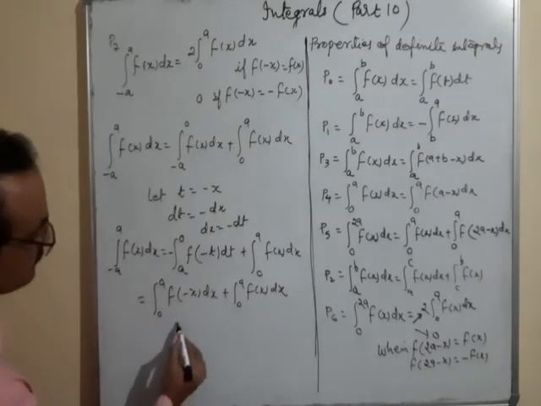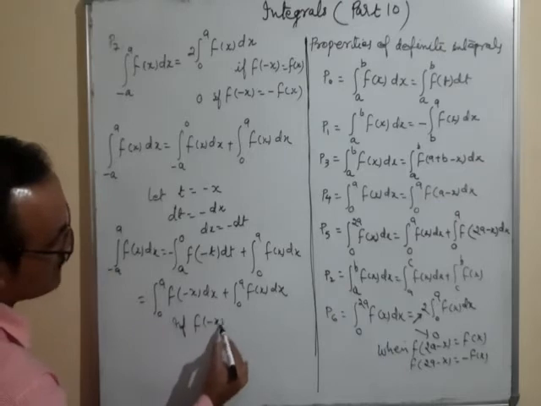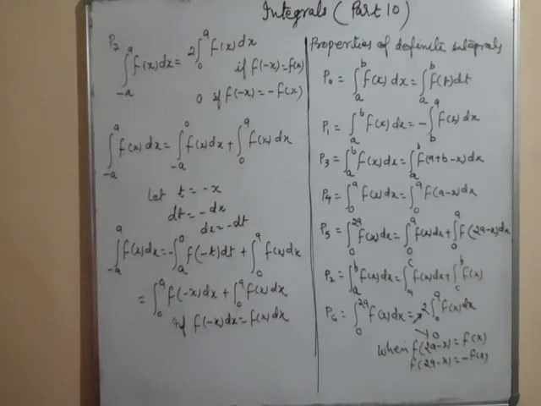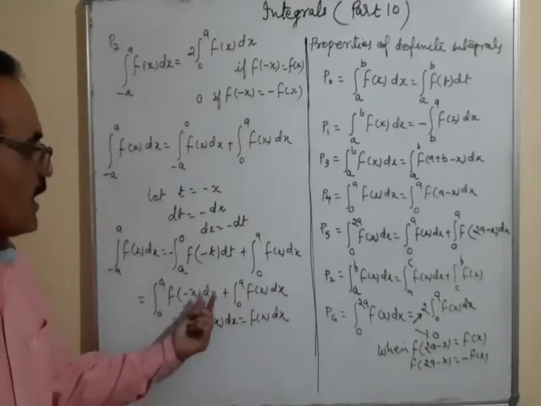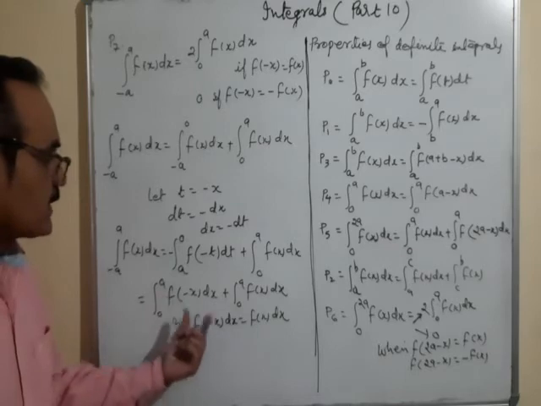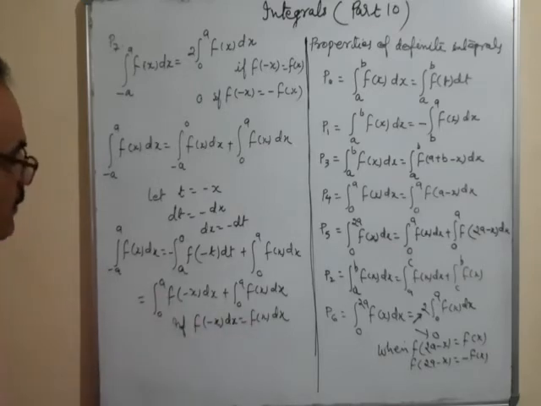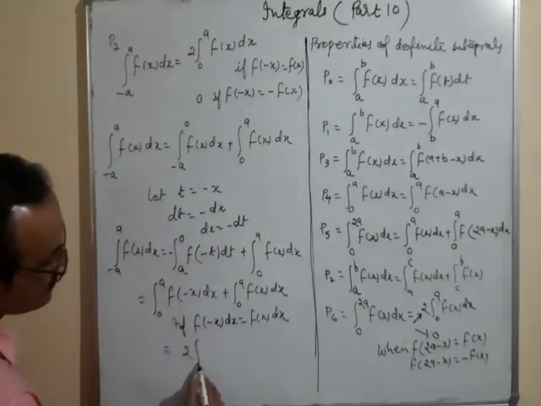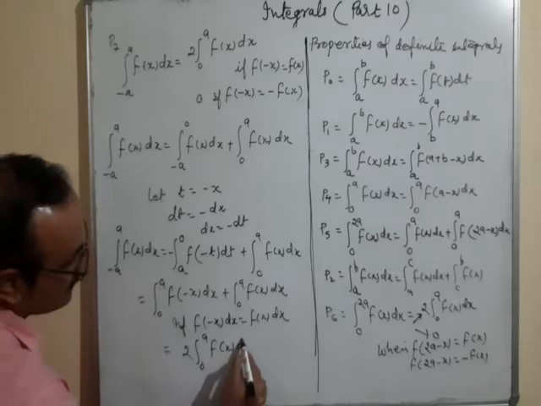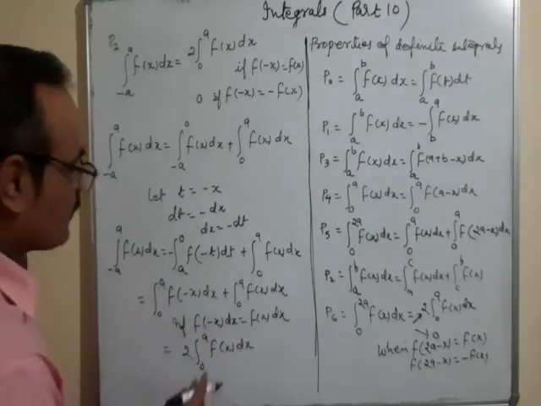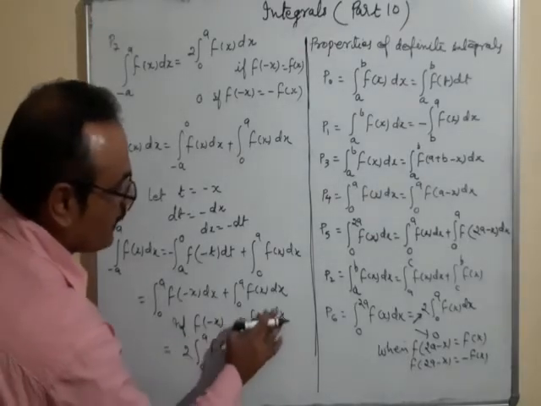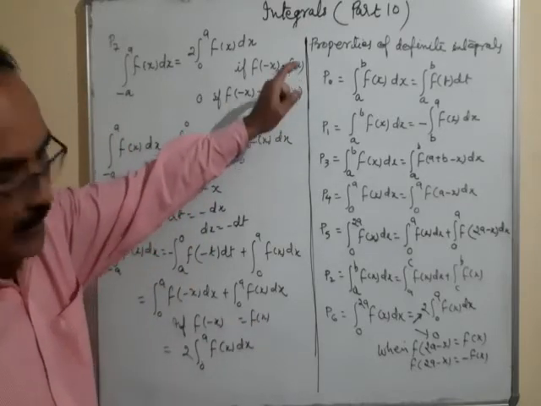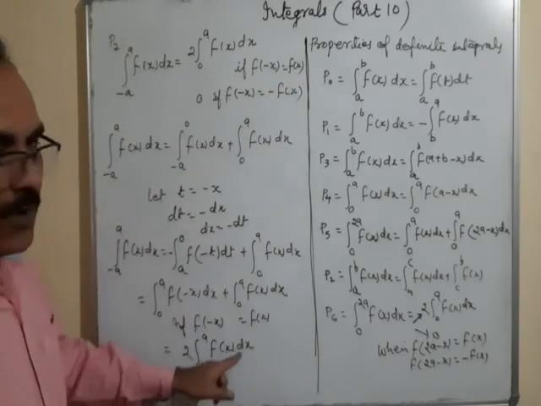If f of minus x is equal to f of x, then both the terms are exactly the same, so we can write 2 times the integral from 0 to a of f of x dx, in which case f of minus x is equal to f of x.